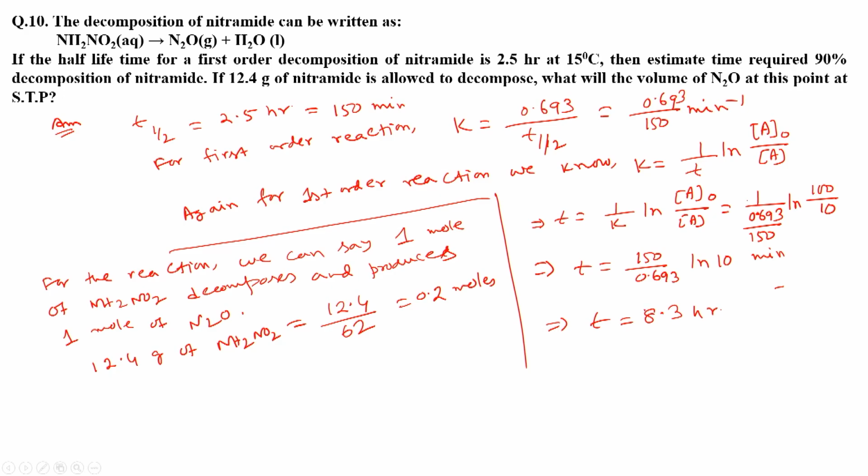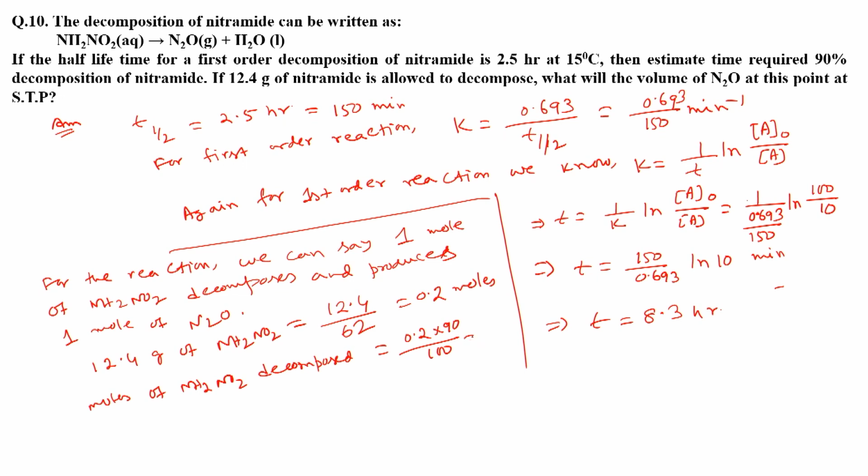Okay, so the moles of NH2NO2 decomposed, because 90% is decomposed, is 0.2 times 90 by 100, right?